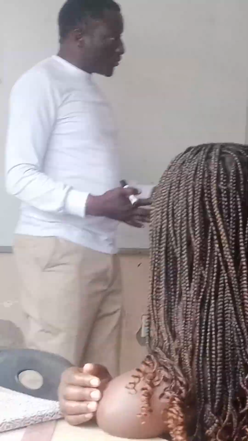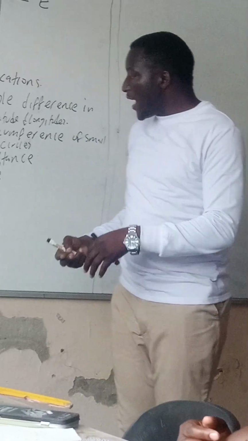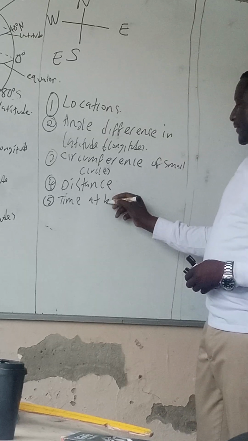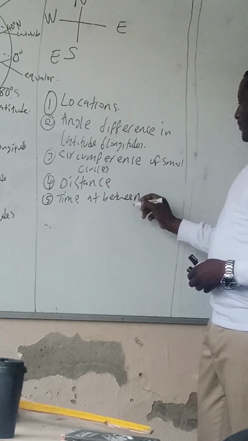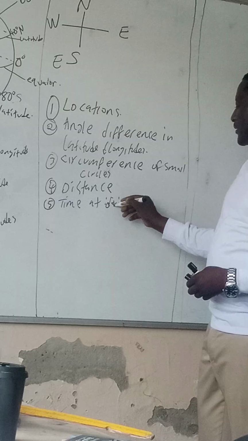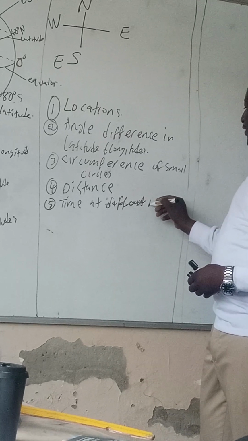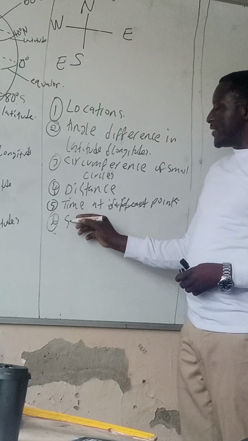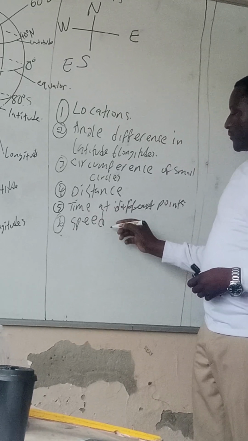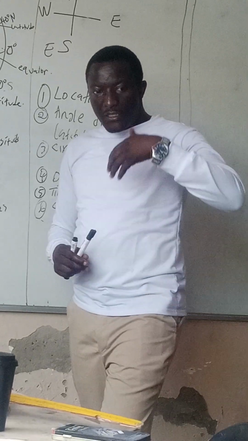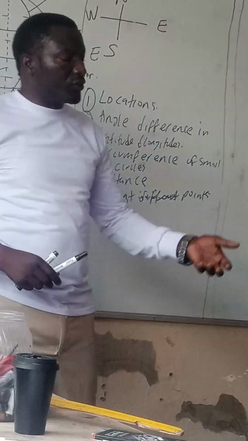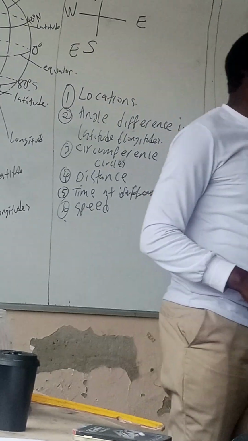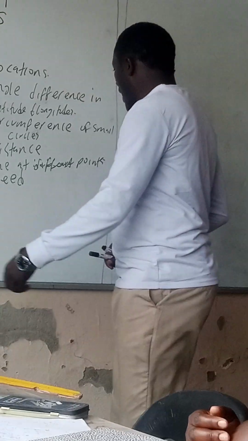Today we also share how we find time at different points. Then the other thing you need to know is speed, how to find speed, either in knots or kilometers per hour.